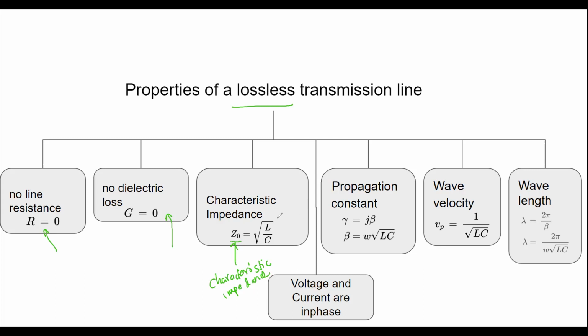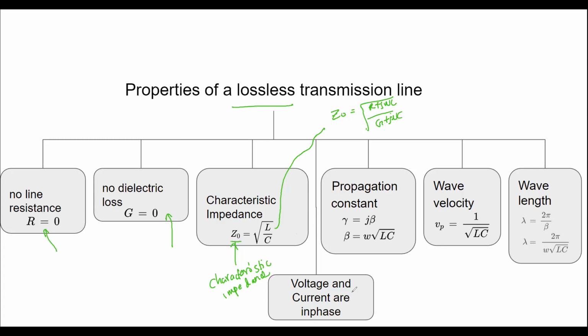right? Otherwise, if we don't have the lossless transmission line, Z naught is equal to the square root of R plus j omega L divided by G plus j omega C. However, in the lossless case, it is simplified and only the L over C term remains inside the square root. So it is much simpler when we consider lossless transmission lines in our calculations. Another very good advantage of the lossless transmission line is that voltage and current waves are in phase.